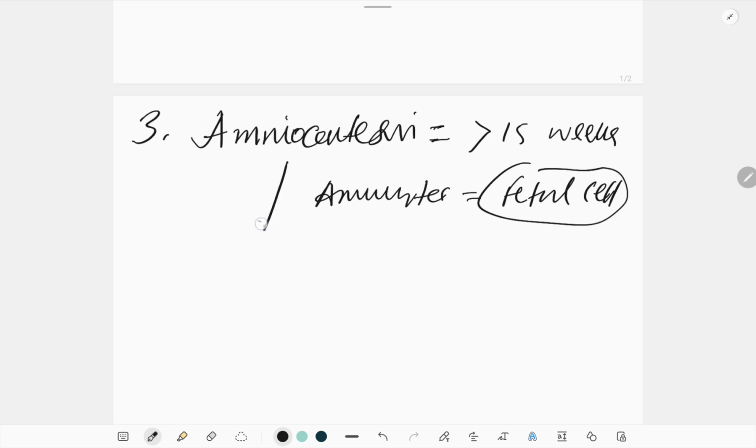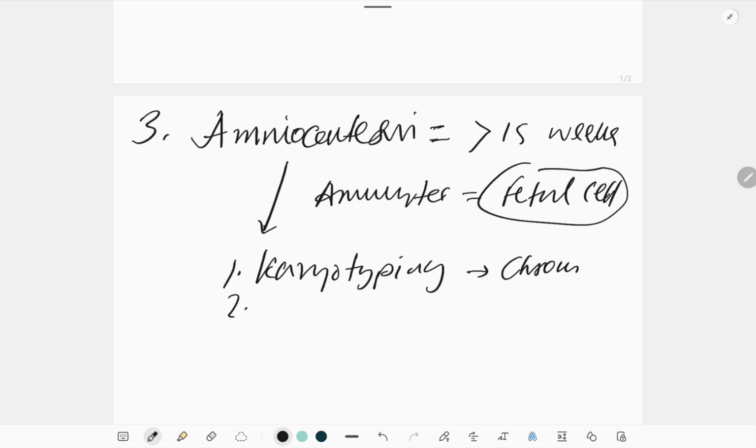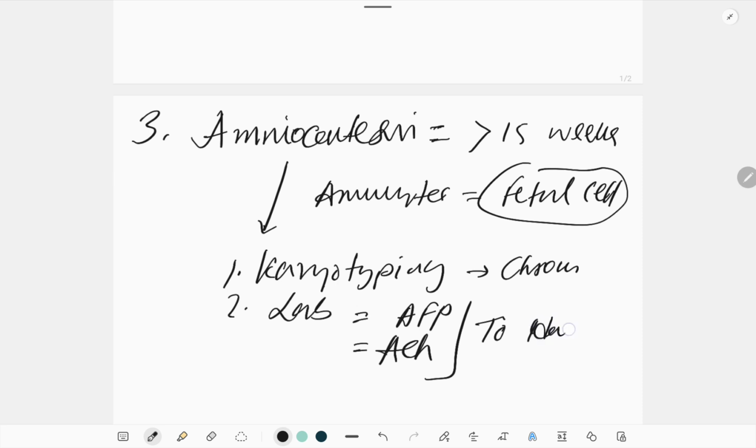So the amniotic fluid is sent for karyotyping, number 1, to see any genetic or chromosomal abnormality, and number 2, some lab tests like alpha fetoprotein and acetylcholinesterase level to identify neural tube defects, like anencephaly or spina bifida or other forms of NTD.